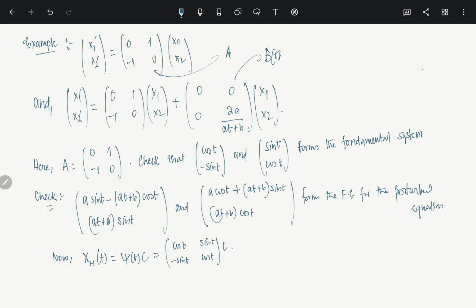Therefore, if you take the norm of phi of t, the matrix norm, or any other norm, it doesn't really matter, you can of course see that this is going to be bounded for all t. So this also you have to check and find out the matrix norm.